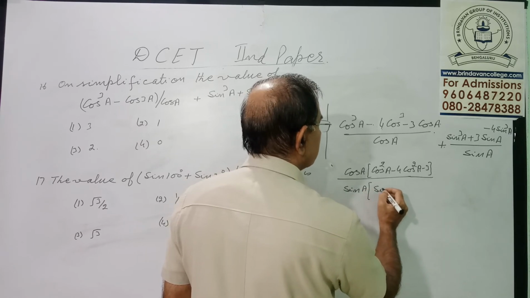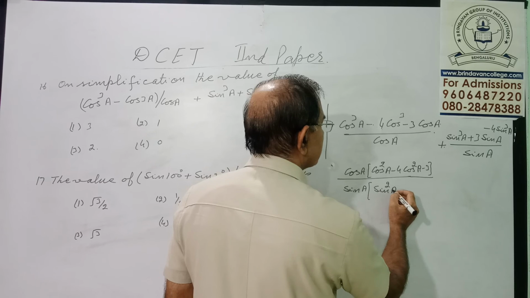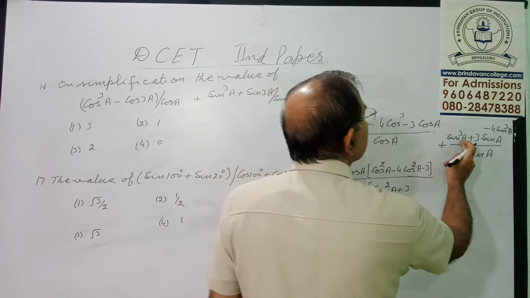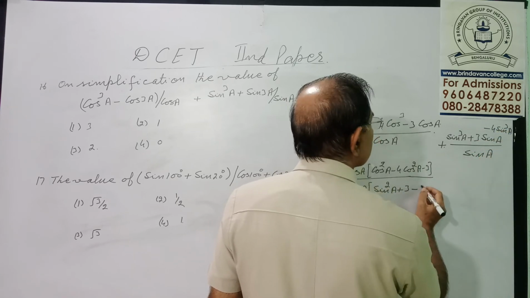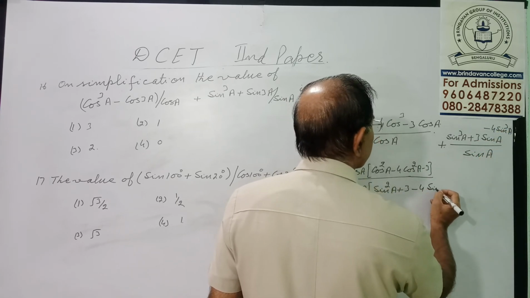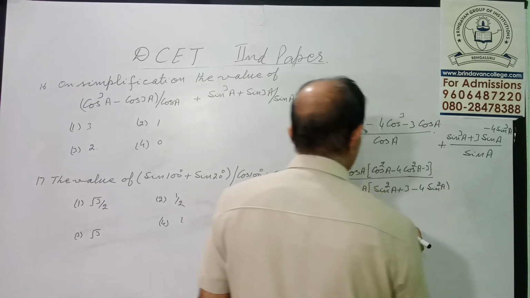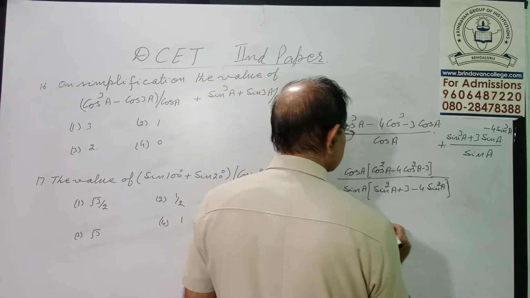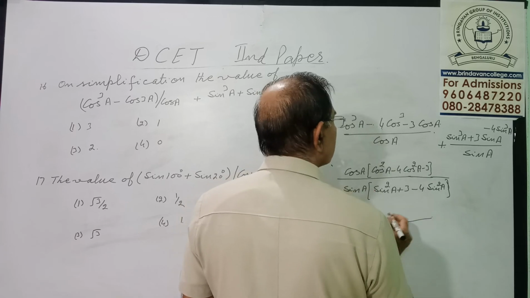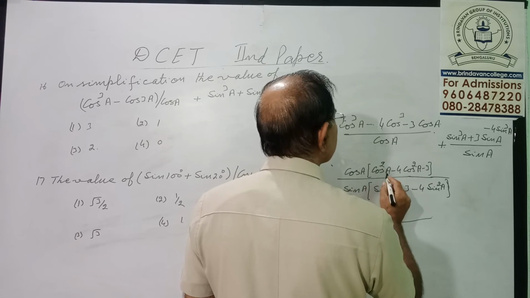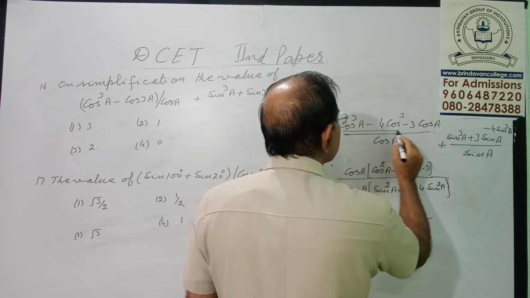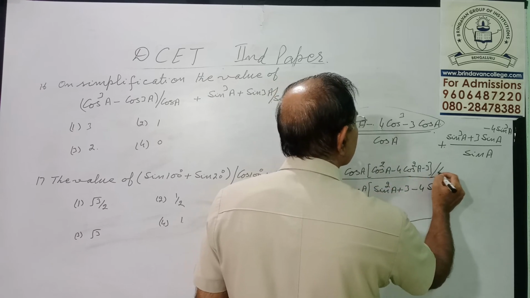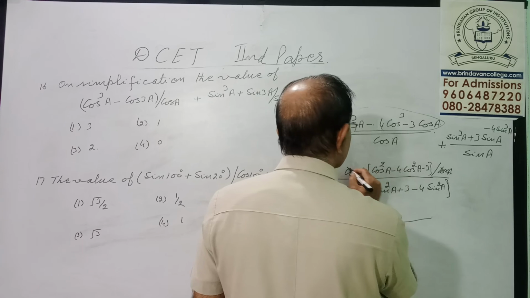It will come out to be sin square A plus 3 minus 4 sin square A. In the denominator we have one cos A, which we can cancel.